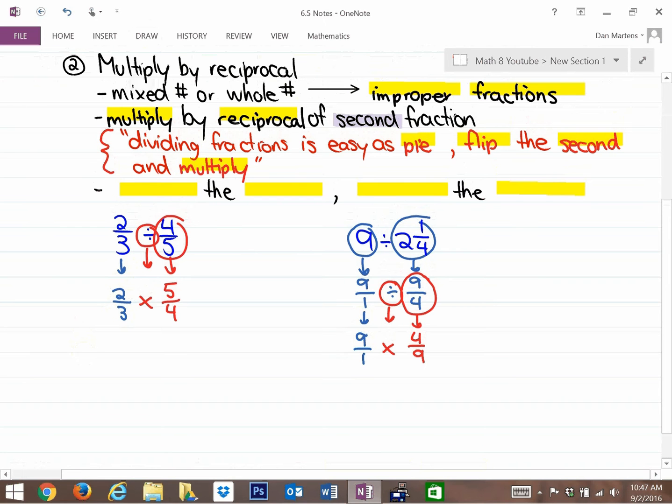And the next step is, now that it's a multiplication problem, that should feel comfortable to you if you go back to the previous lesson. I'll remind you that once we have just improper fractions or proper fractions and it's multiplication, we can just multiply the numerators, the tops, and multiply the denominators.